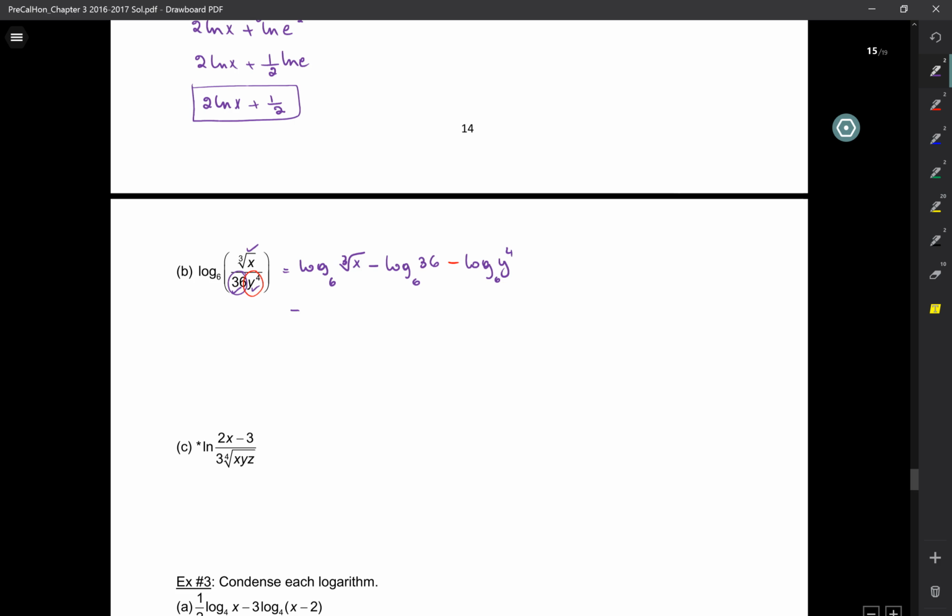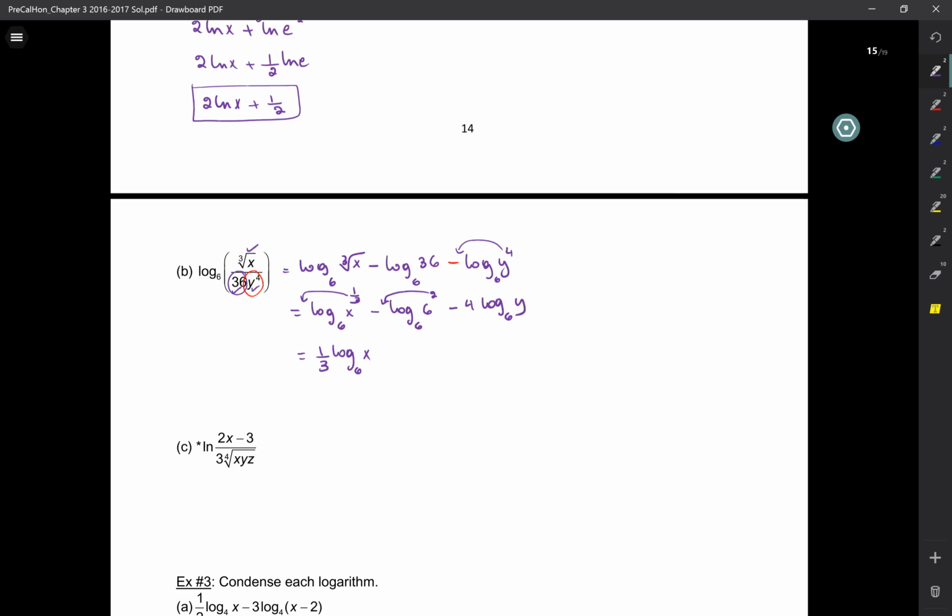Okay. So now this is log base 6 of x to the power of 1/3 minus log base 6 of 36 minus the 4 will come down, log base 6 of y, and here the 1/3 will come down, the 2 will come down, so I have 1/3 log base 6 of x.